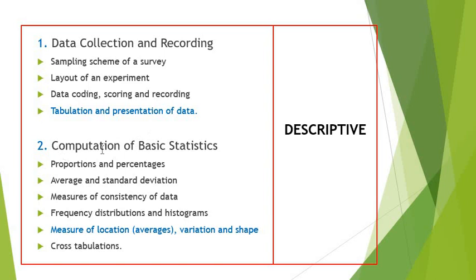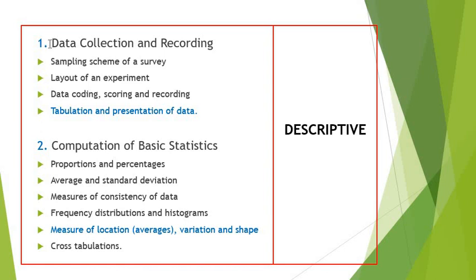For step number two, we have the computation of basic statistics. We have proportions and percentages, average and standard deviation, measures of consistency of data, frequency distributions and histograms, and another very important measure is the determination of the location or the central tendencies, variation and shape, and cross tabulations.